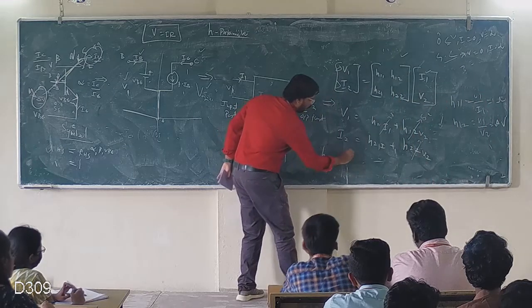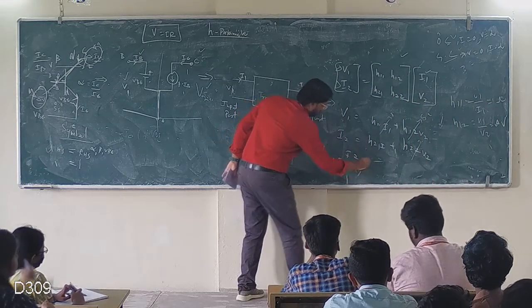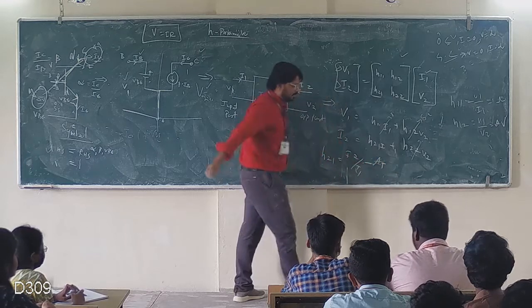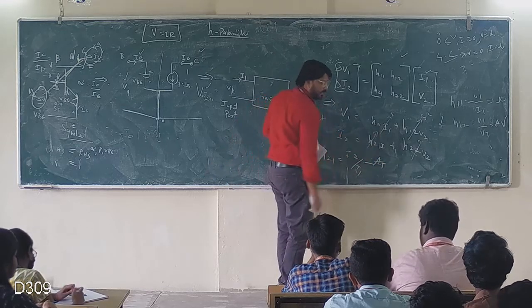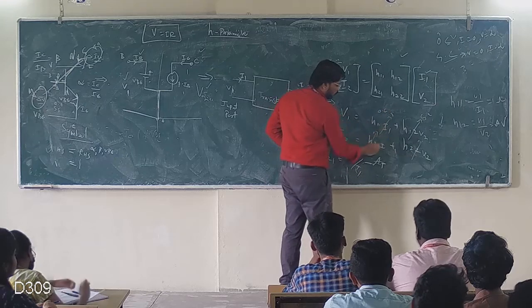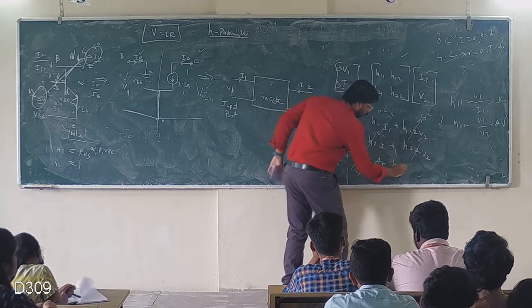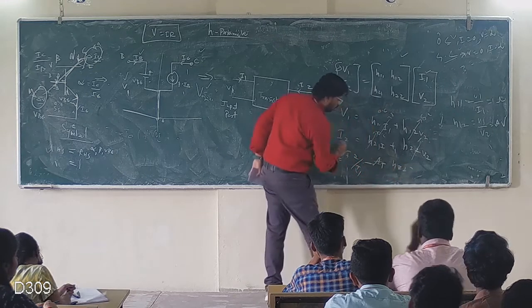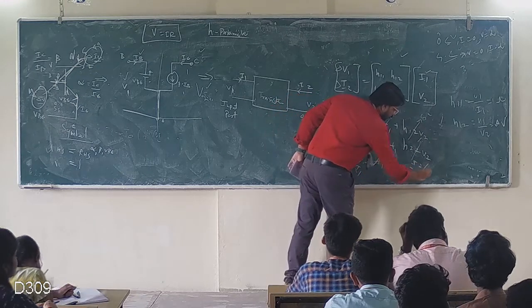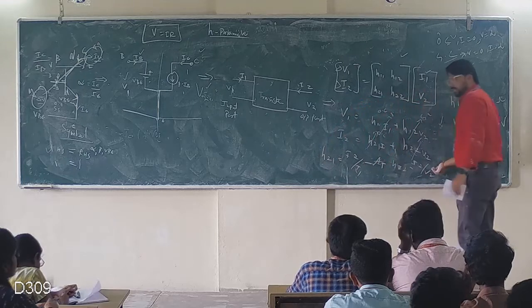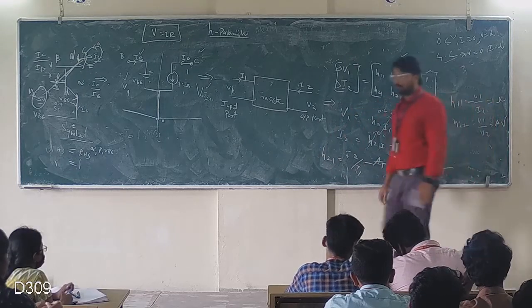H21 is equal to I2 divided by I1, the current gain. H22 is equal to I2 by V2.